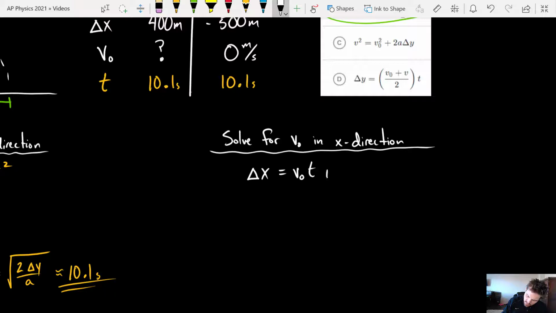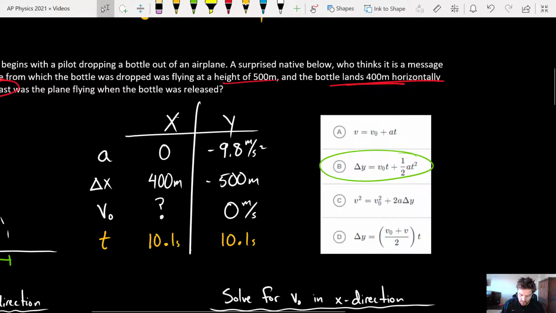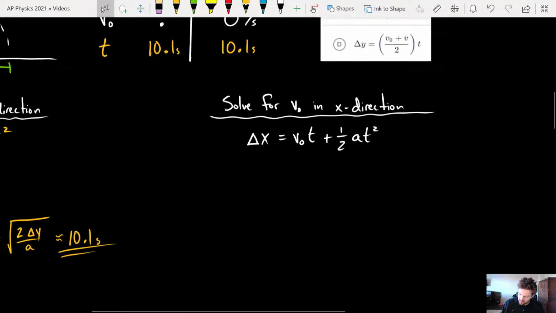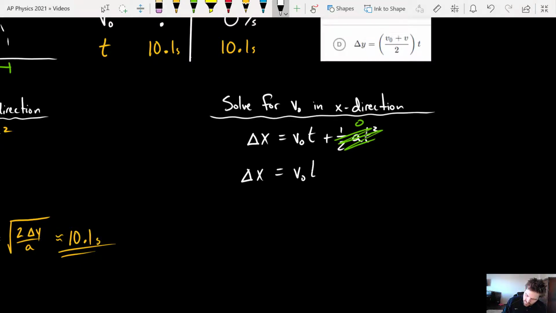Displacement equals initial velocity times time plus 1/2 a t squared. Remember, that initial velocity is what I'm trying to solve for. And the acceleration in the x direction is 0 right there. So right away, if I plugged in 0 to that piece, this whole chunk would go away. And so we're left with delta x is equal to initial velocity times time.